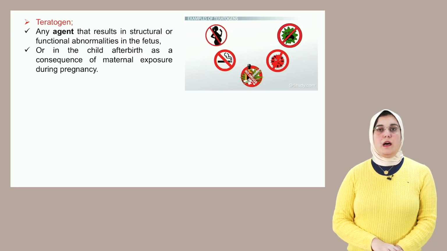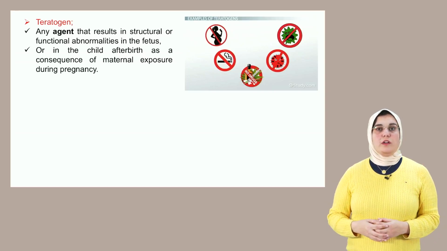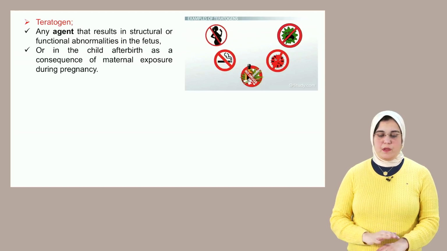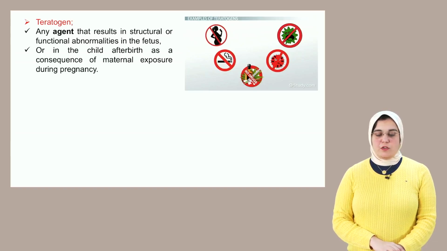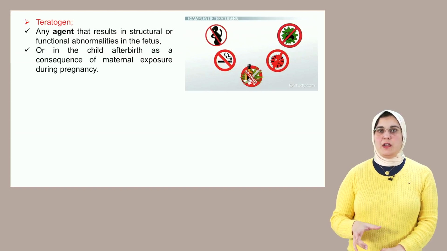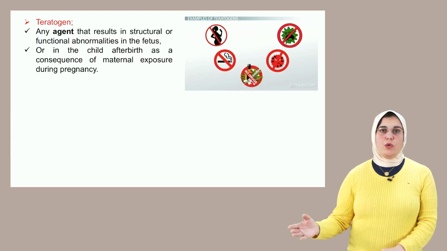It means after delivery, this baby will forever have a defect in the body organs, either physically or physiologically. It means they cannot function very well. Or in the child after birth as a consequence of maternal exposure during pregnancy. That's why giving any drug during pregnancy can affect the child for all his life.